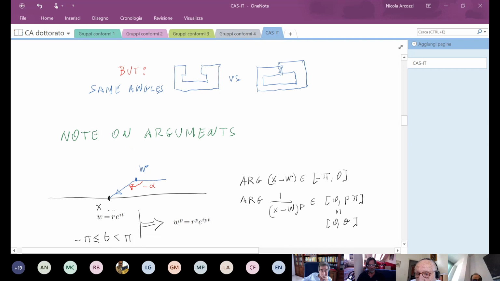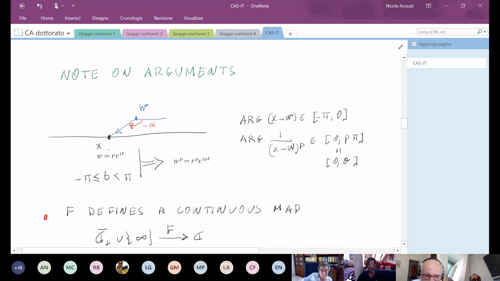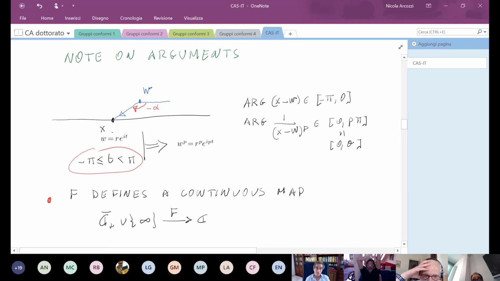I take just a note on the arguments. So we take our arguments in minus pi to pi, including minus pi. This way, if you have a point x on the boundary and the point w in the upper half plane, the argument of this point is minus alpha, where minus alpha is between minus pi and 0, including minus pi if the point w is on the real axis.